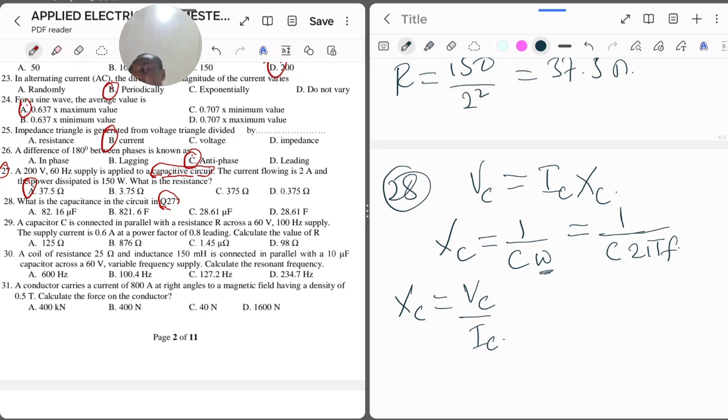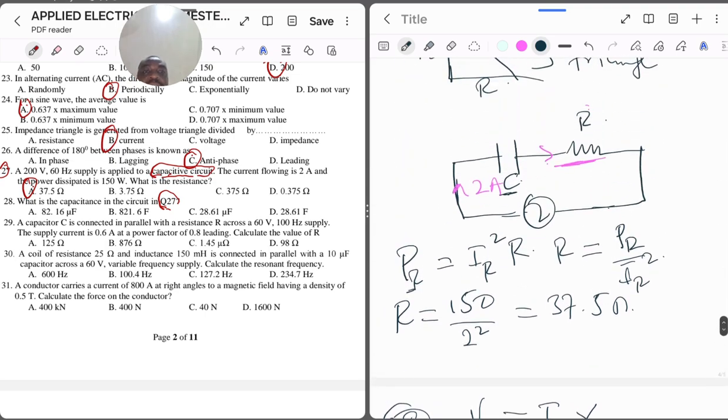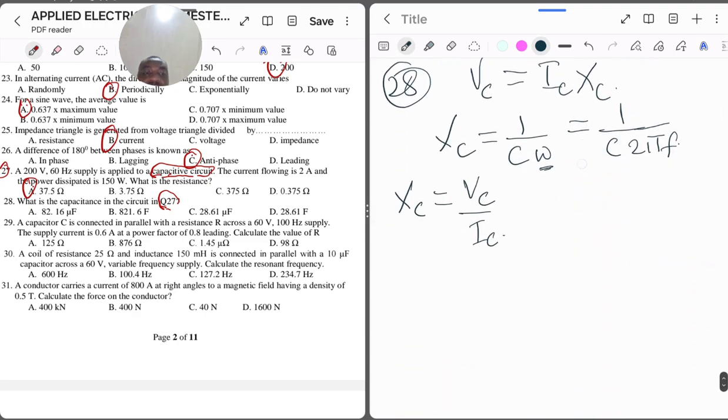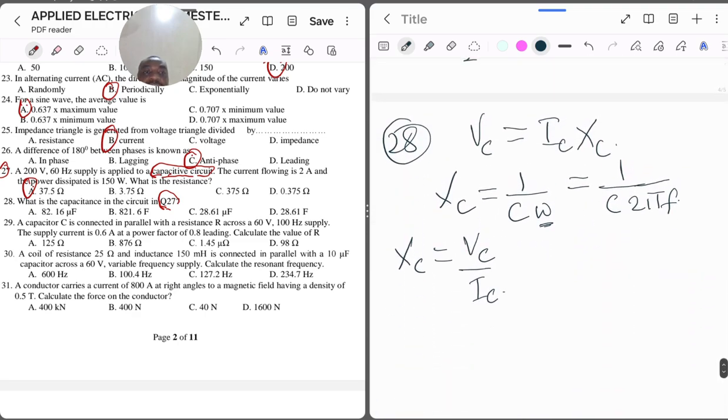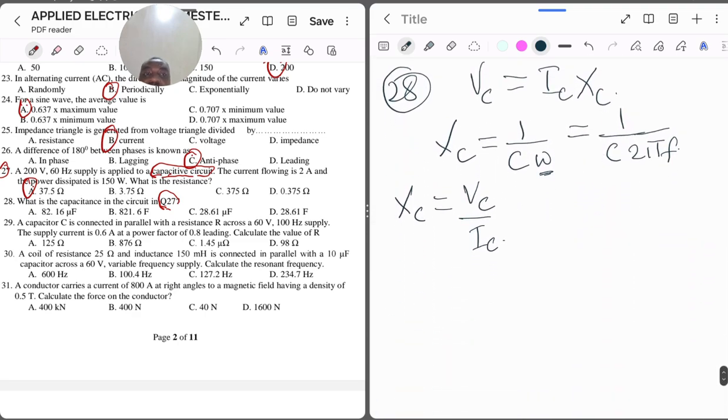We don't know the voltage across the capacitor, so we have to calculate it. And to calculate the voltage, we have to make use of the voltage triangle.